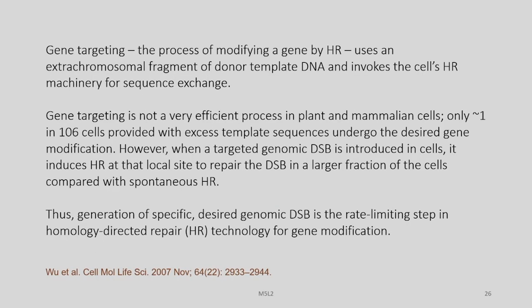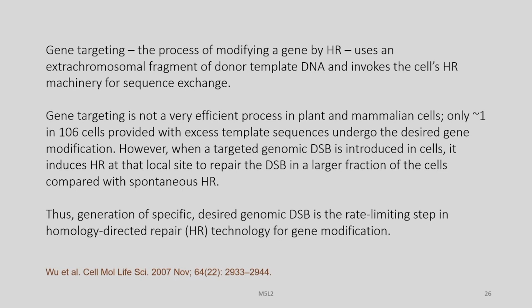Gene targeting is the process of modifying a gene by homologous recombination, which uses an extra chromosomal fragment of donor template DNA and invokes the cell's homologous recombination machinery for sequence exchange. Gene targeting is not a very efficient process in plant and mammalian cells.